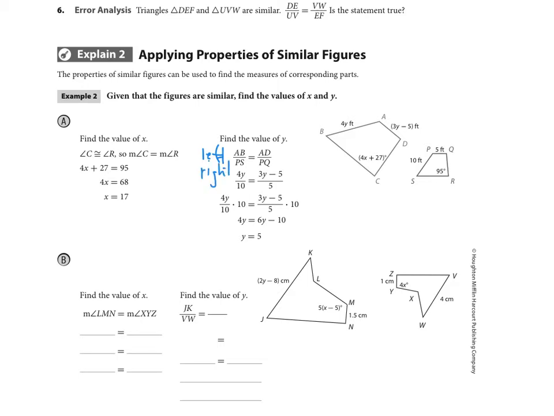So you want to keep that consistent on the left-hand side of the equal sign and the right-hand side. So we have AB to PS, or 4y to 10, equal to the same ratio as AD to PQ. AD is from the left figure, PQ is the corresponding side from the right figure. Those values are 3y minus 5 and 5.